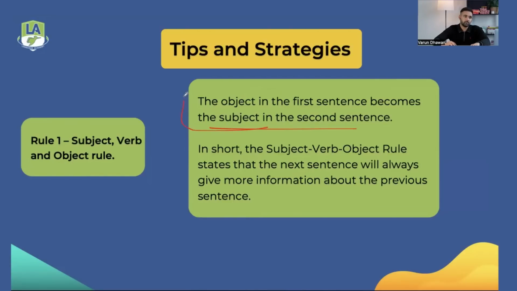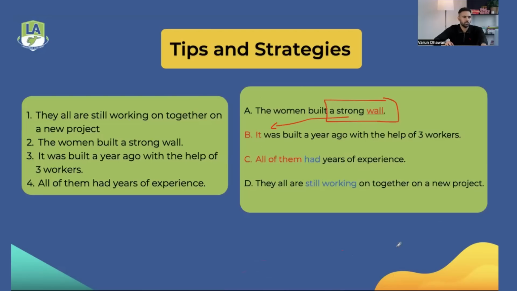The rule will apply in a bit more complicated terms: the next sentence will always give you more information about the previous sentence. Whatever the object in the previous sentence is, the next sentence will give you more information about it. It is not necessary that the word here will be the same as the word there, but the next sentence will always give you more information about the previous one. So you don't have to look for words, you have to look for information.